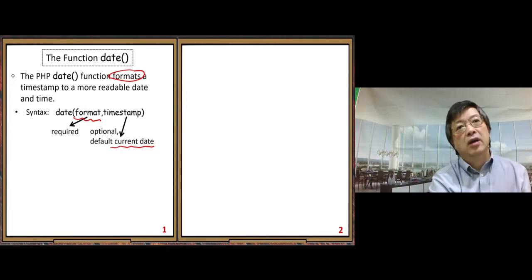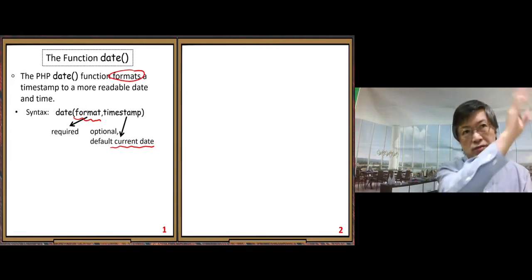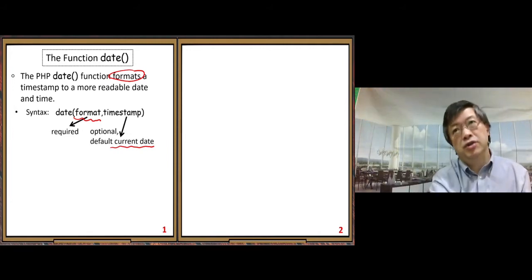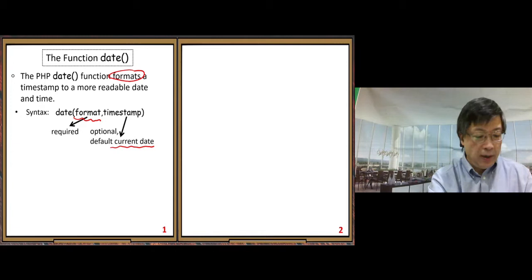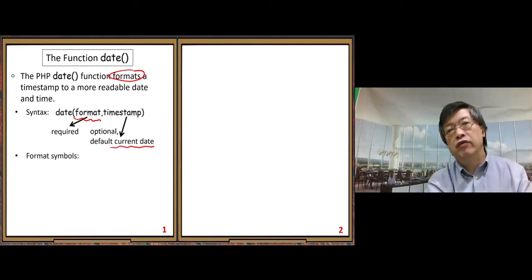But if you want something non-default, a previous time or a future time, then you need to provide the second parameter. All right, so now let's look at how we use the different formats.